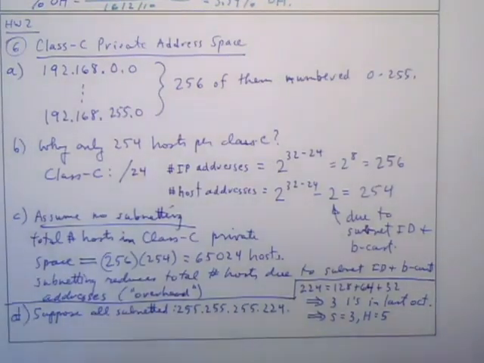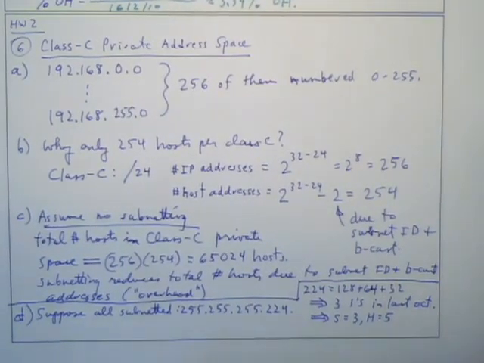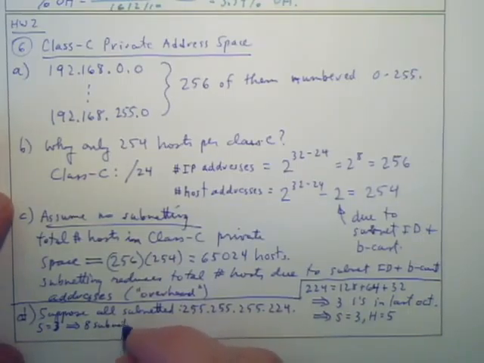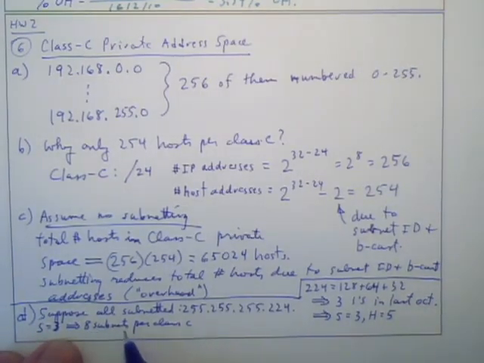And that means that with S equal to 3, I have 2 to the third, or 8 subnets per Class C. So S equals 3 implies 8 subnets per Class C. And with 8 subnets, I have 16 addresses essentially wasted.